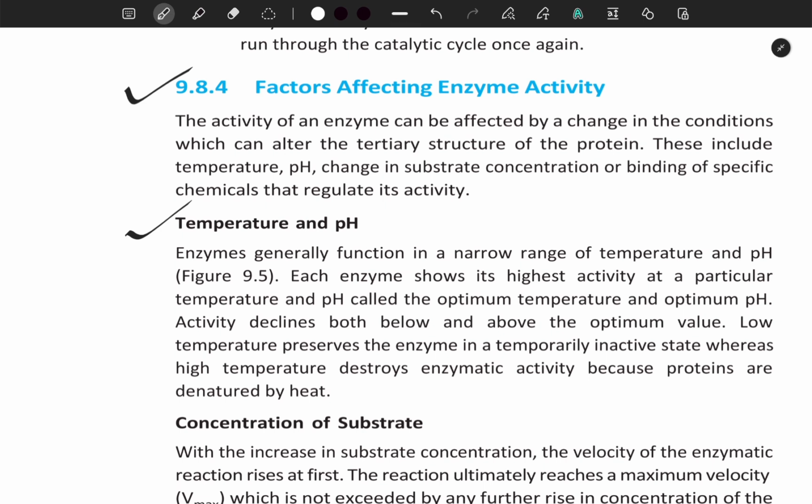Each enzyme shows its highest activity at a particular temperature and pH, called the optimum temperature and optimum pH. Activity declines both below and above the optimum value. Low temperature preserves the enzyme in a temporary inactive state, whereas high temperature destroys enzymatic activity because proteins are denatured by heat.